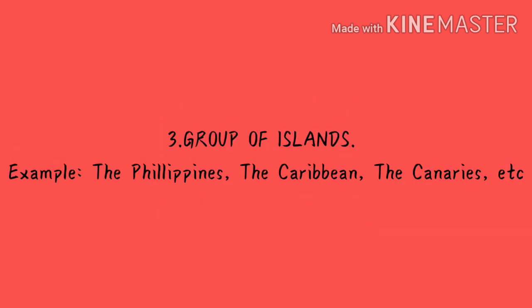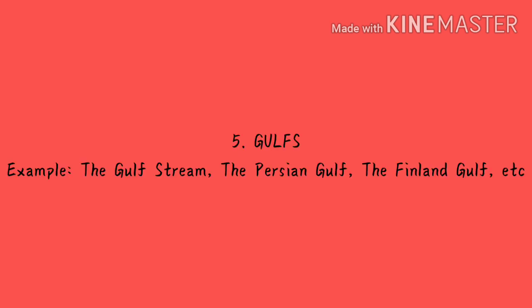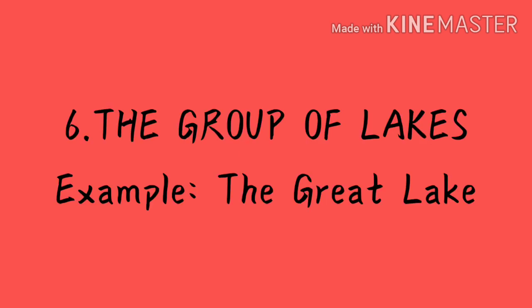Example, the Philippines, the Caribbean, the Canaries, etc. Seas, for example, the Mediterranean, the Black Sea, the Red Sea, etc. Gulfs, for example, the Gulf Stream, the Persian Gulf, the Finland Gulf, etc. The group of lakes, for example, the Great Lakes.